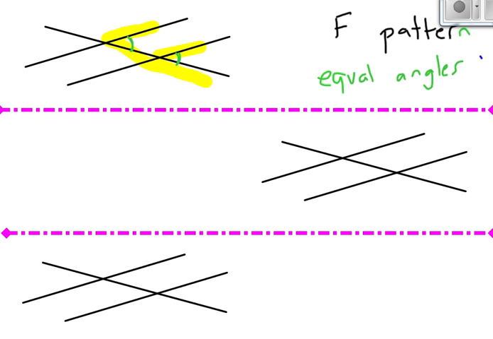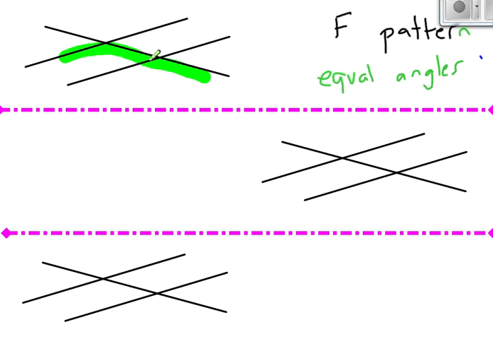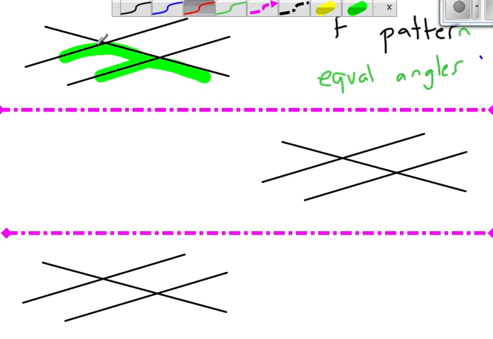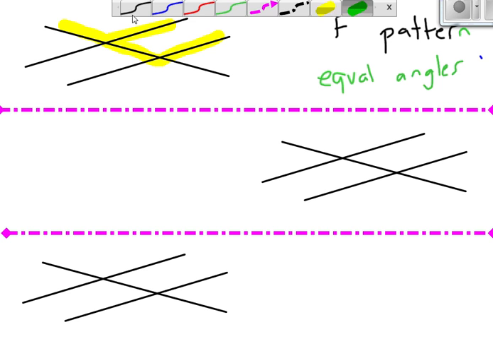And hopefully you know to look for an F that's not only a perfect F, but maybe a backwards F. There's a backwards F. So I know that this angle is equal to this angle, and so on. You could also look for an upside down F. So for example, here's an upside down F. Or here's another upside down F.